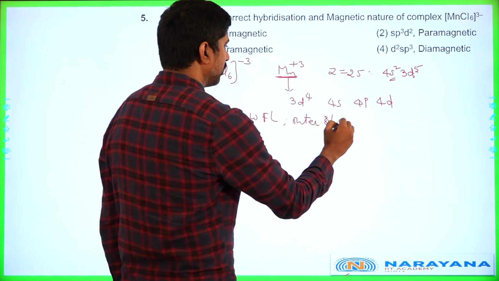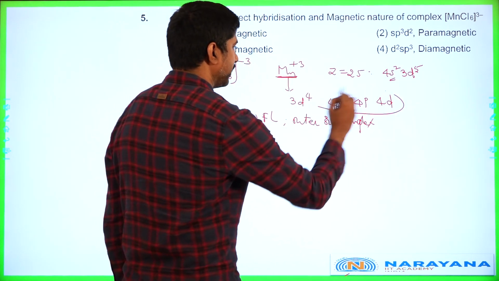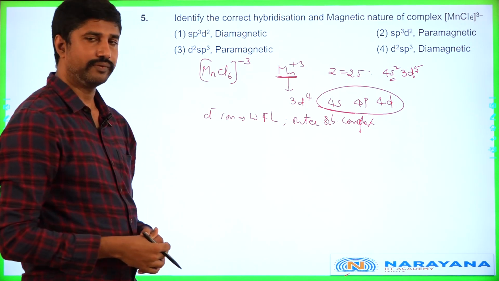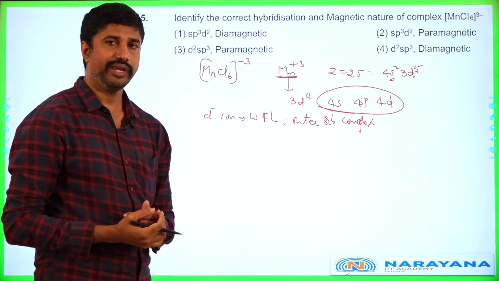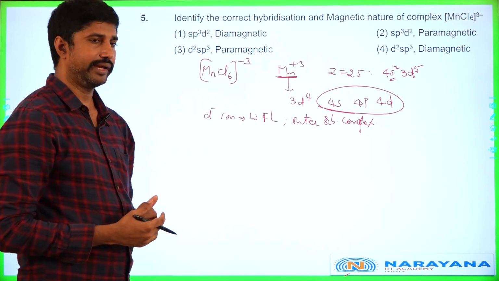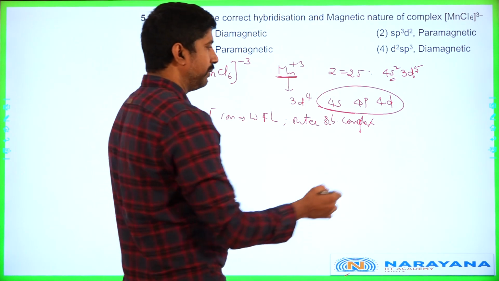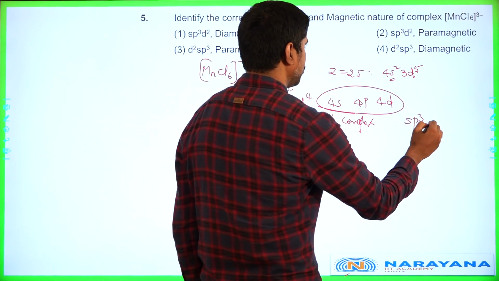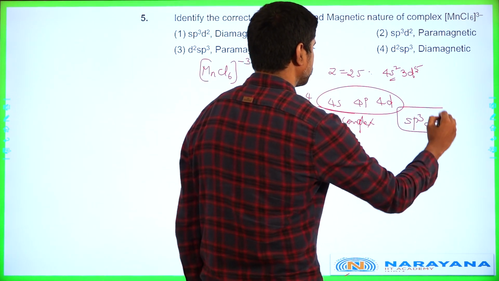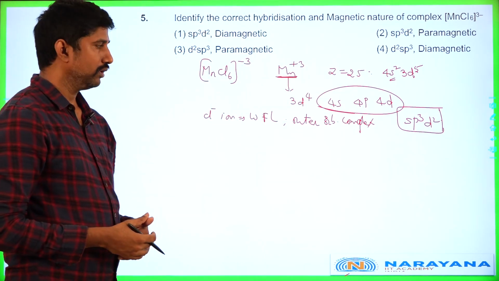In the outer orbital complex, the 4s, 4p and 4d orbitals are involved in hybridization. There are 6 ligands, so 6 orbitals are needed, and the hybridization will be sp3d2.